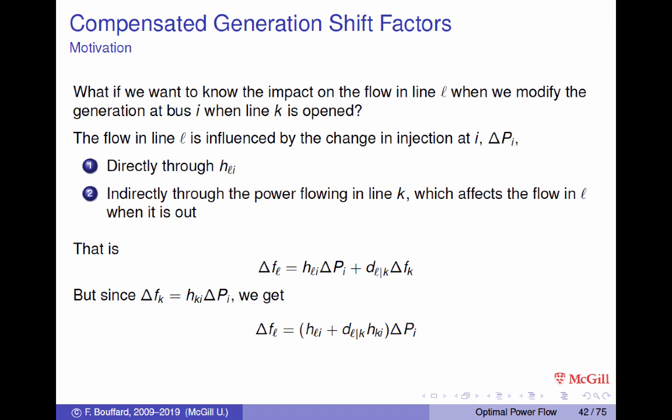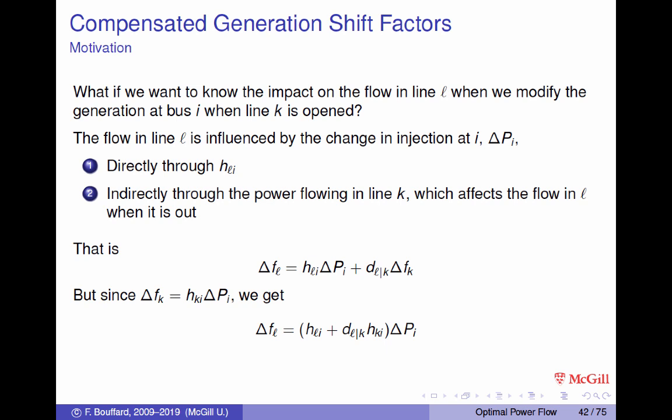And last but not least, we have what we call the compensated generation shift factors. These are used to answer the following question. What if we want to know the impact on the flow in line L when we modify the generation at bus I when line K is out of service or open? So we have a lot of moving parts in this case.